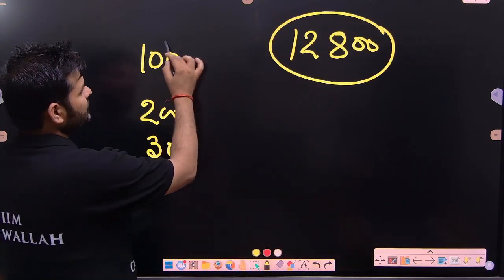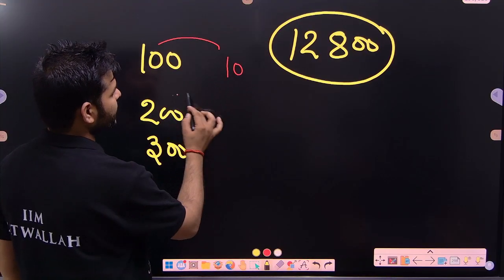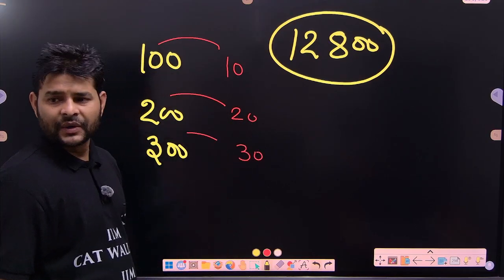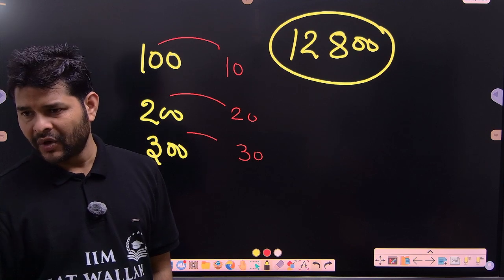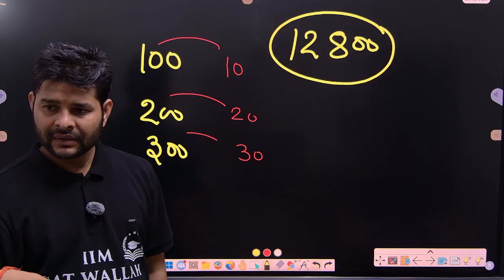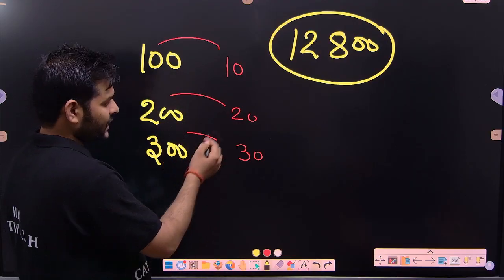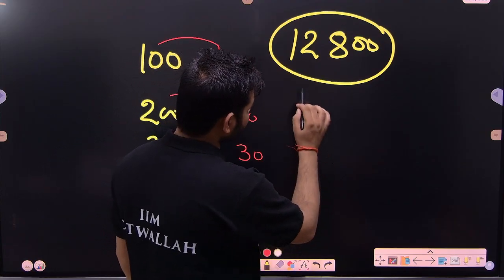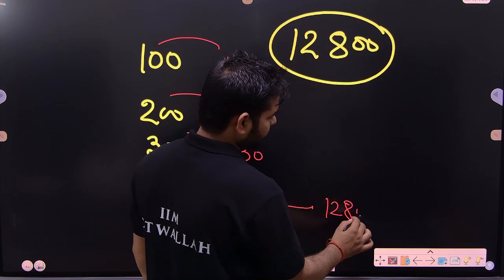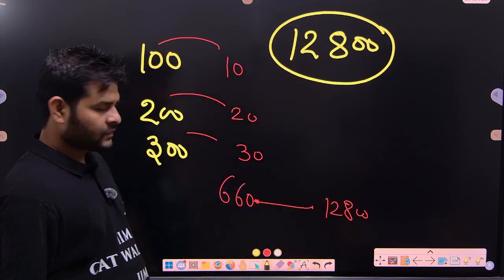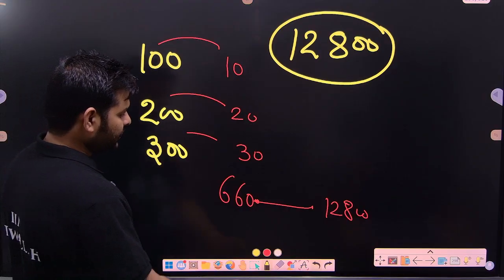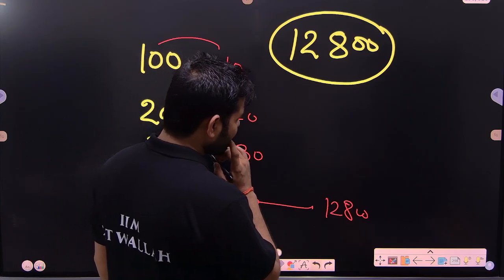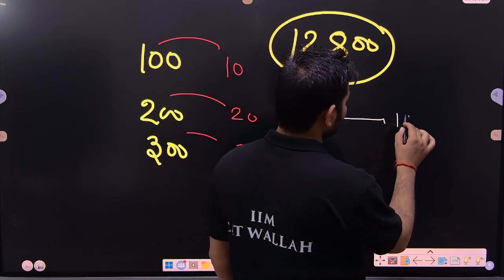So 10 units for that, 20 for that. What would be my total amount from the bank? 600 plus 60, 660. And 660 is equal to 12,800. So what is the value of 1 unit? 19.39. So 1 unit is 19.39.